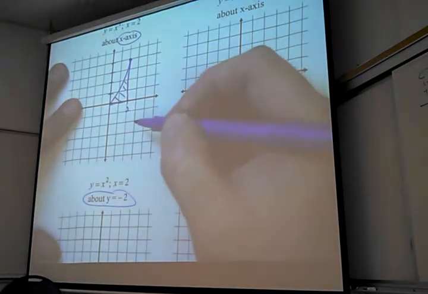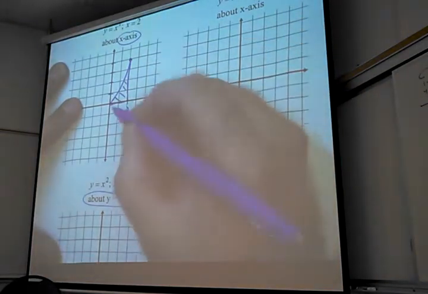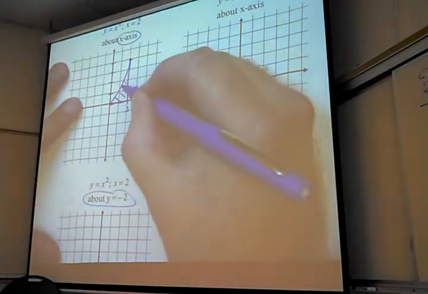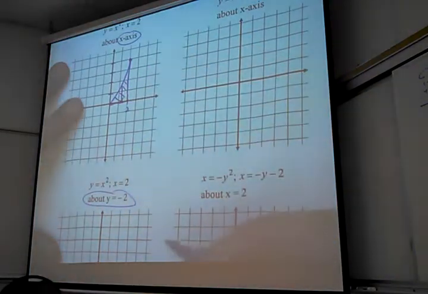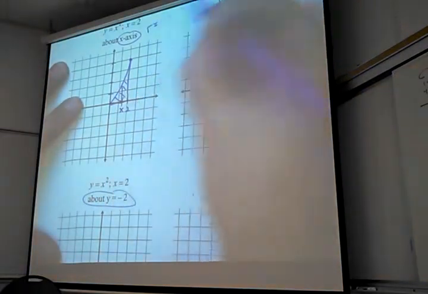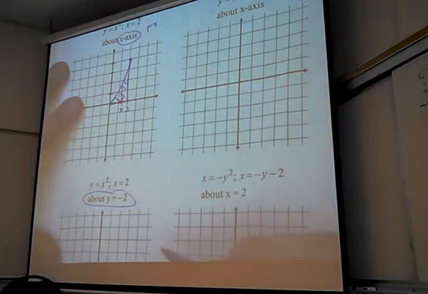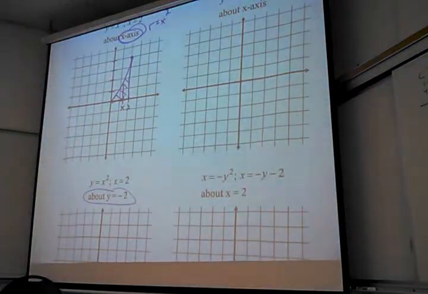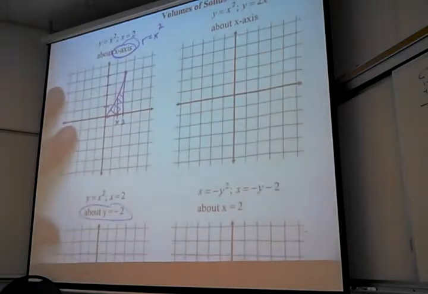But you should be able to tell what the radius is going to be. If you need to, you can draw like the mirror image part down here. But the radius pretty much is that. So for any arbitrary x, the radius is going to be, for this one, x squared. I'm doing it about the x-axis. I want everything in terms of x, so I can leave that just like that.